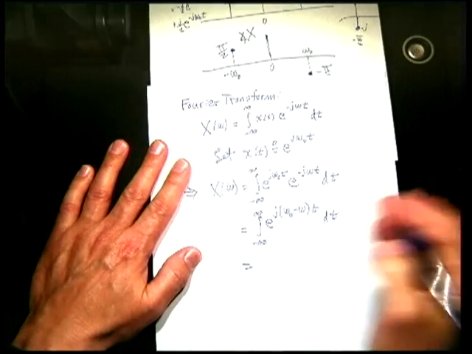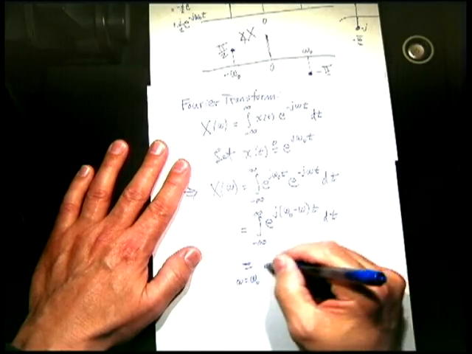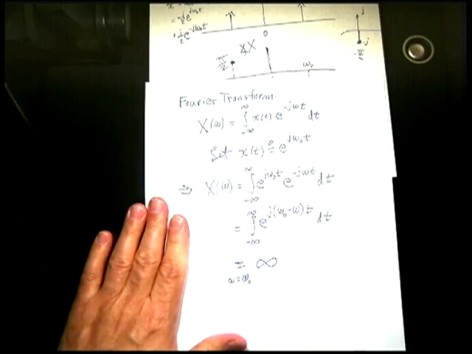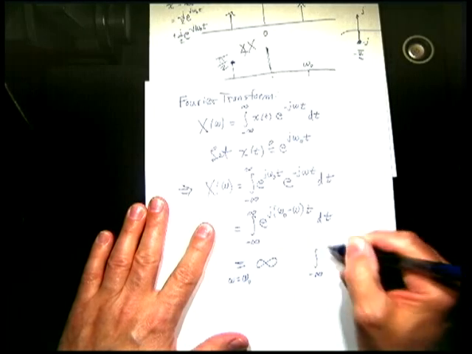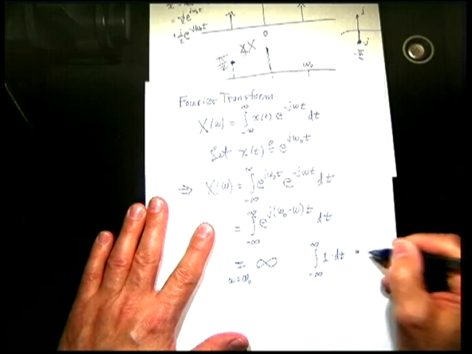And at omega equals omega 0, you can see that it's equal to infinity. That much is clear. It's the infinite integral of 1. So the integral from minus infinity to infinity of 1 dt is equal to infinity.